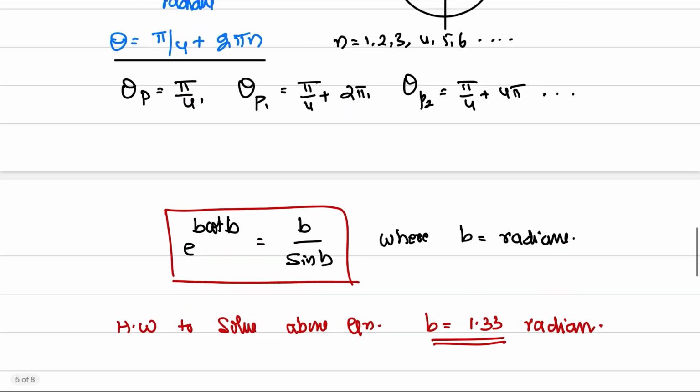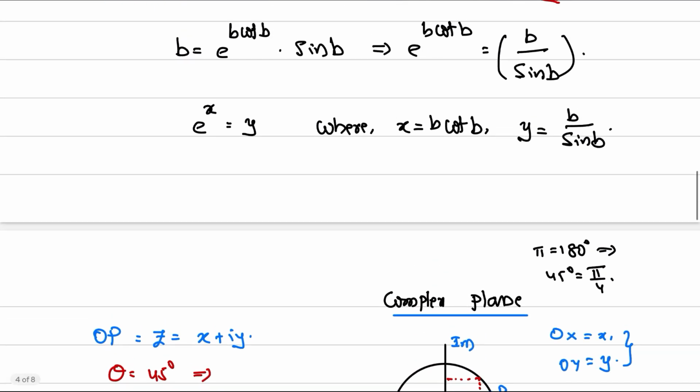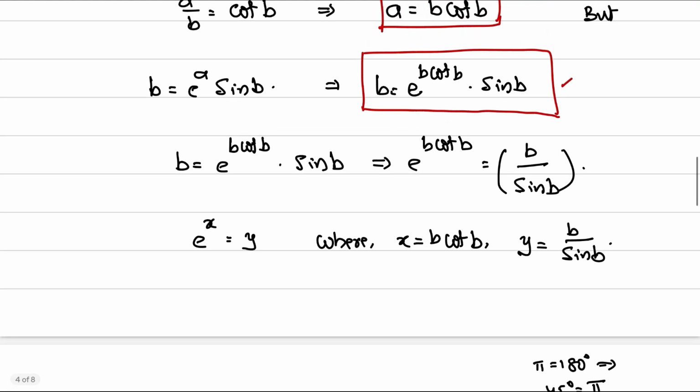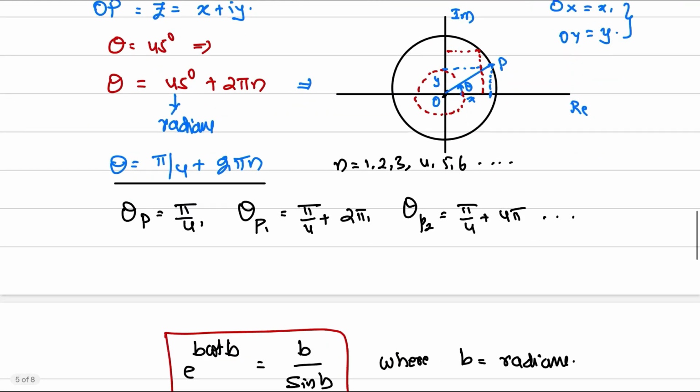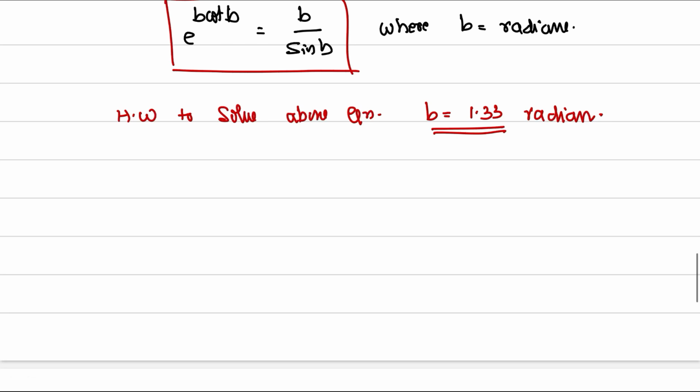Then what will be the value of a? A is equal to b cot b. That is equal to 1.33 radians into cot 1.33 radians, which is equal to 0.31.